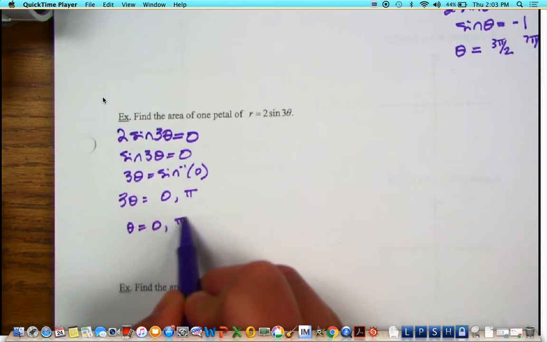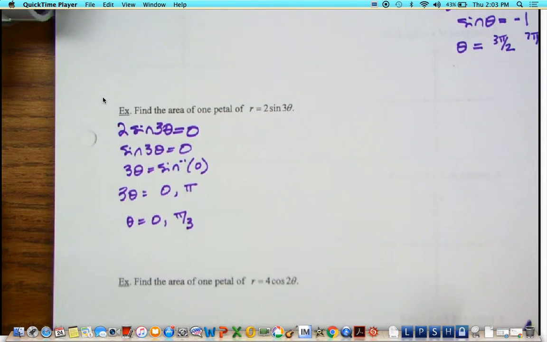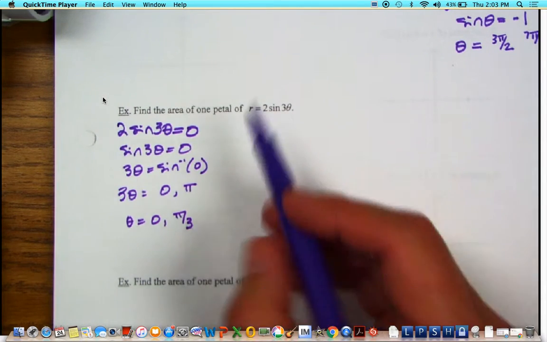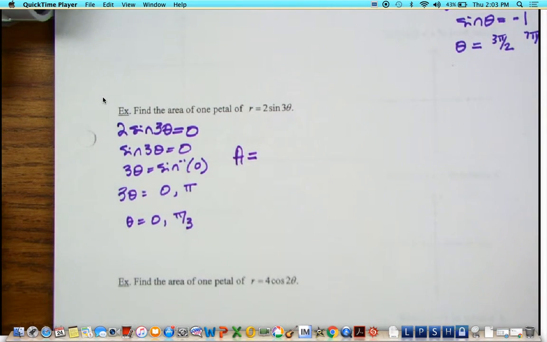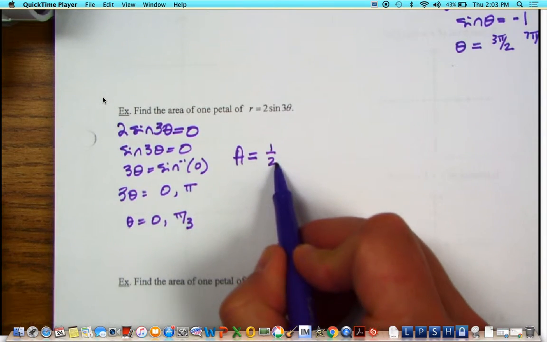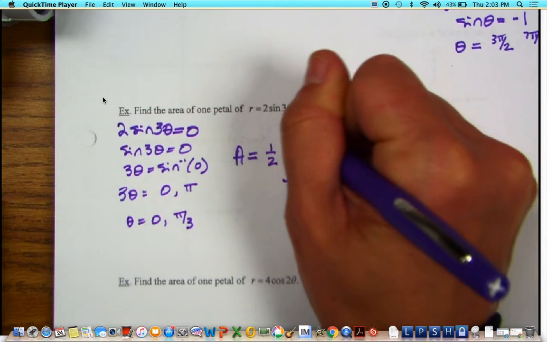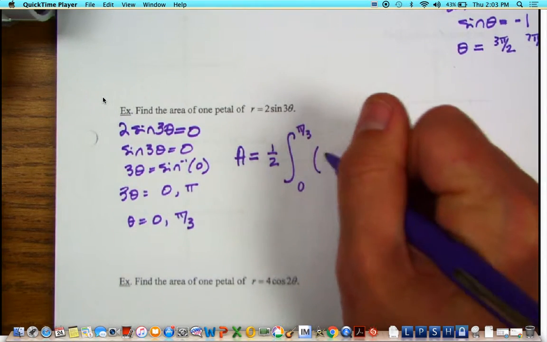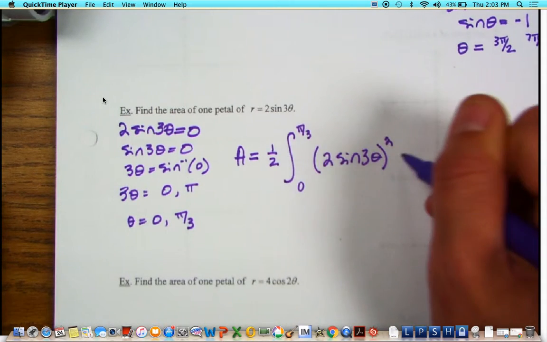That means 0 and pi thirds would be your limits of integration. So the area is equal to 1/2 integral from 0 to pi thirds of 2 sine 3 theta.